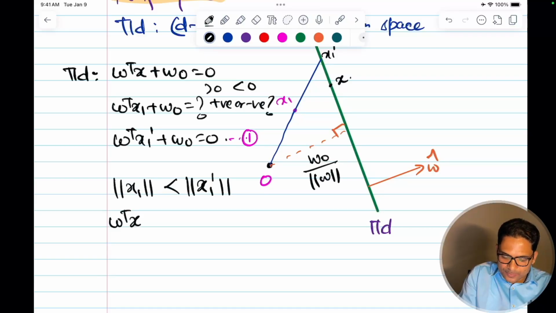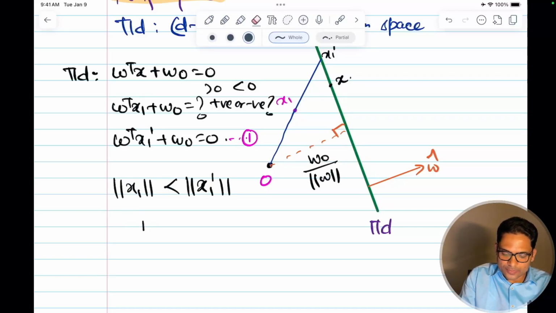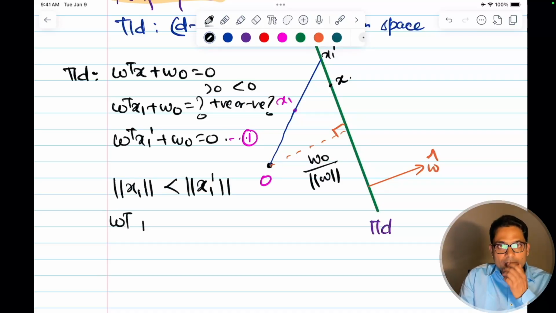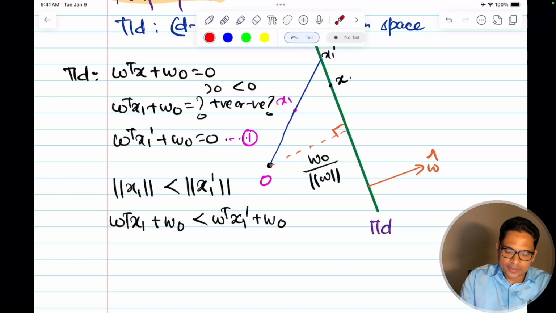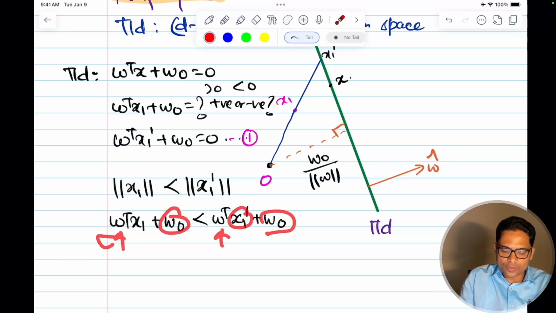And we know that if I multiply W transpose into x1, if I take the dot product of W transpose with x1 and add w naught, I'll do the same operation on both the sides. Will this hold? I have just taken a W transpose here, and plus W naught I have added for both of them.